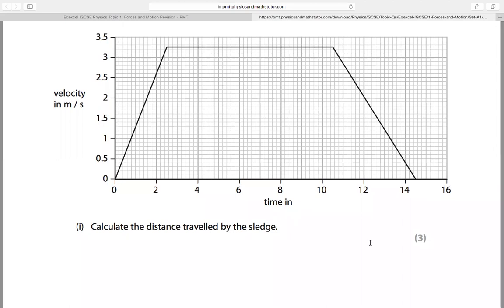When you have a velocity time graph, you need to find the area under the graph. The area under the graph gives you the total distance of the journey. So you have to remember this. This is a very common question that they ask in IGCSE. They will give you a graph, and if it's a velocity time graph, they will ask you to calculate the distance. So you have to calculate the area under the graph.